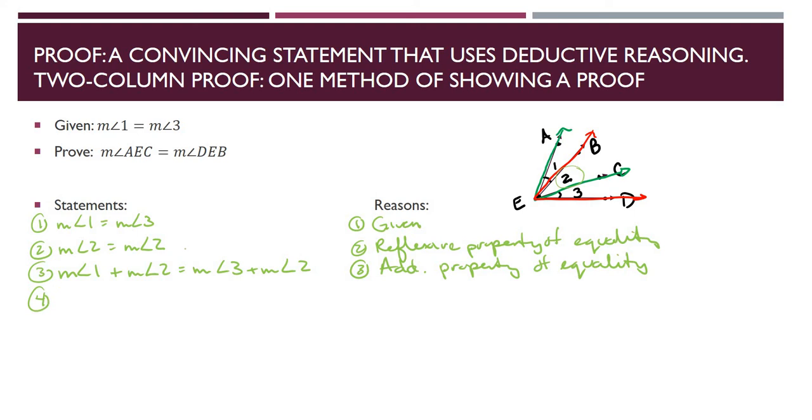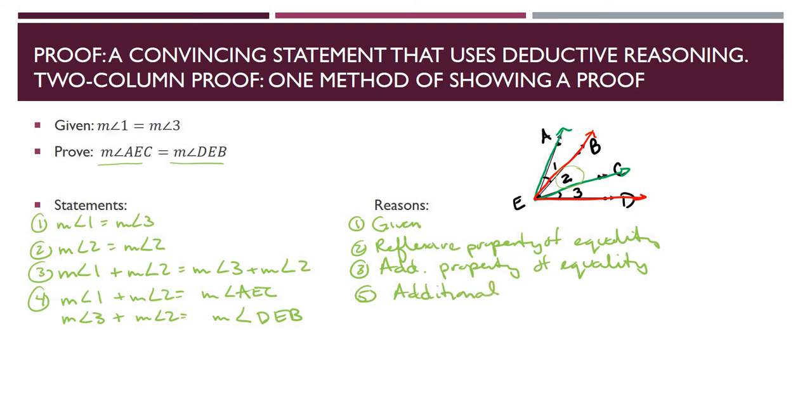So now I'd like to substitute our values in here, but first I have to state that measure of angle 1 plus the measure of angle 2 equals the measure of angle AEC. And in the same step, because it's the same reason, I can say that the measure of angle 3 plus the measure of angle 2 equals the measure of angle DEB. And that is because of the addition postulate from our previous work.